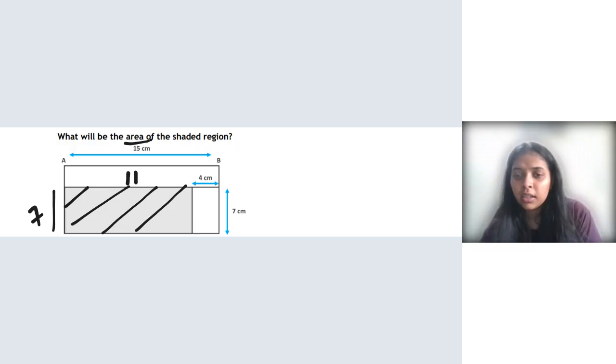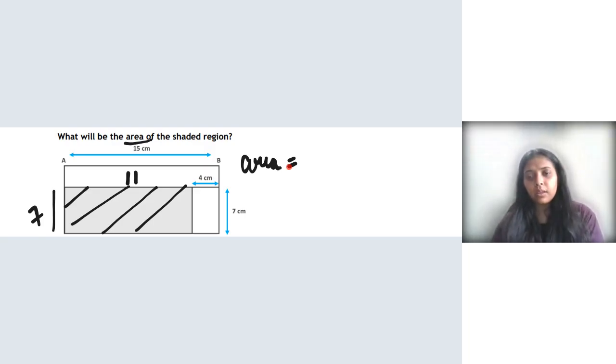What is area? Area for a rectangle is? Ma'am, 70. 70. 77.